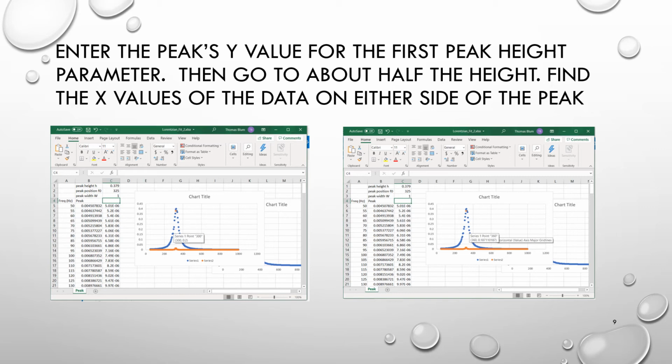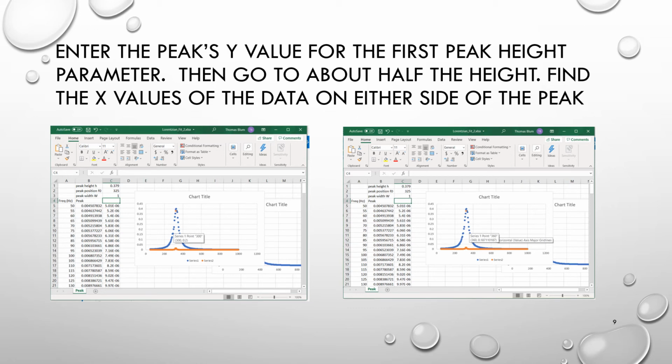And so we're going to go after our third and final parameter, the width. And this parameter is really known as the half width, that half height. So we're going to go down to about half the height. So the height was close to, say, 0.4.